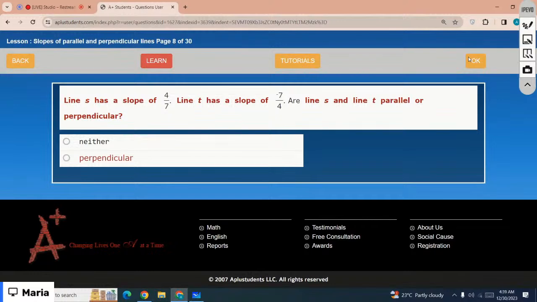Line S has a slope of 4 by 7. Line T has a slope negative 7 over 4. Are the line S and T parallel or perpendicular? Which is the correct option?